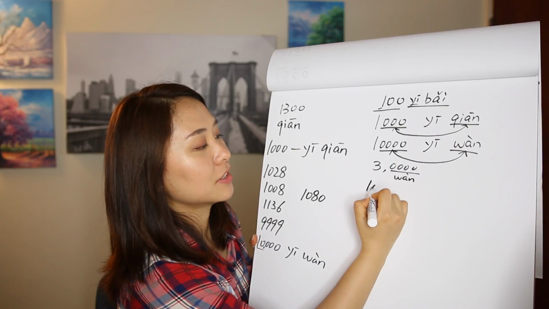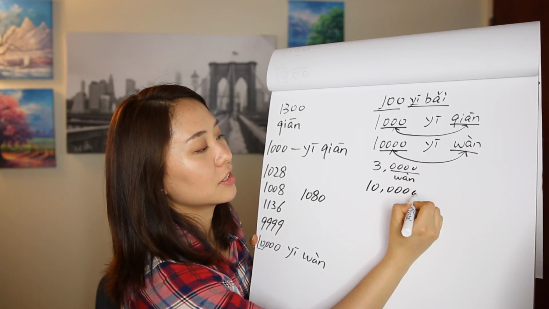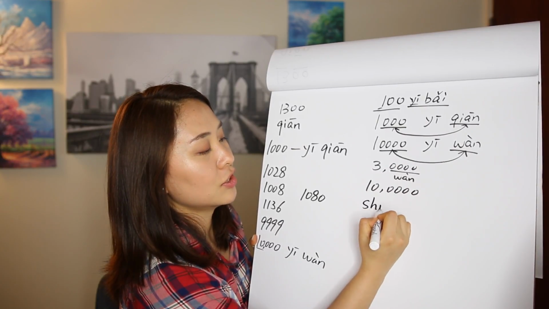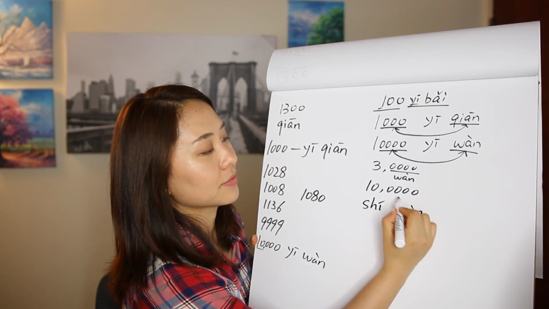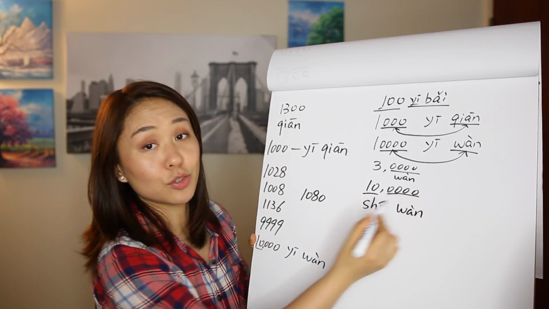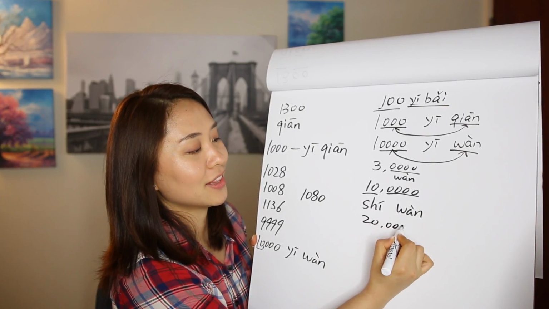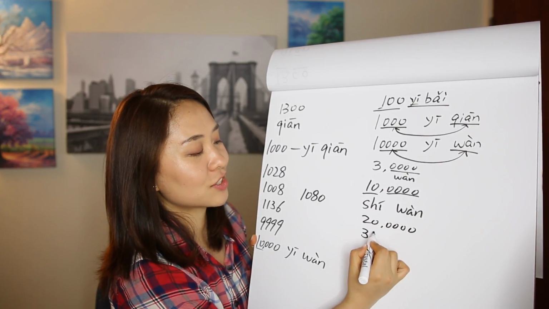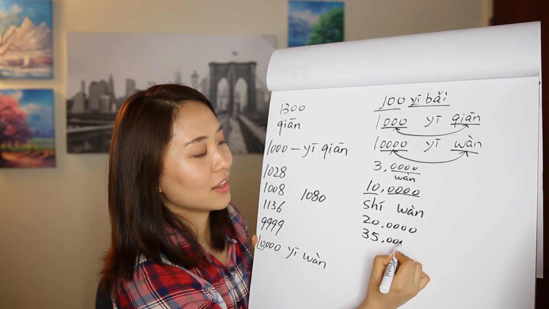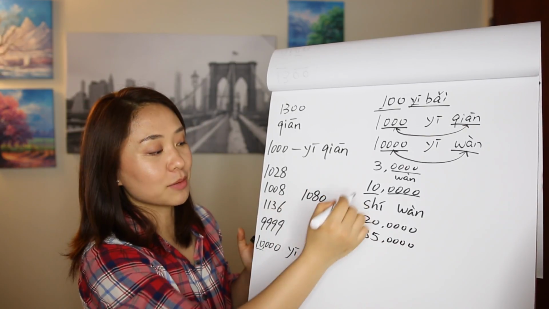So we have 1万, or 2万, or 3万5. Okay, we can keep going like that.